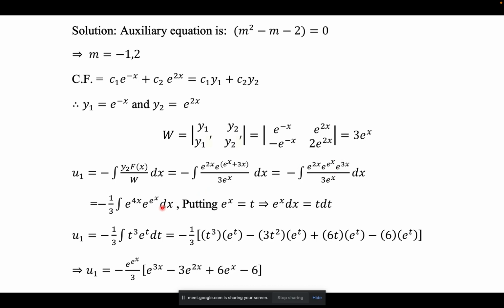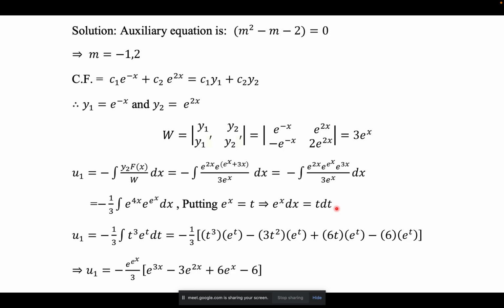Now the only thing is to solve this integral, and the idea to solve this integral is to use the method of substitution. So you put e power x is equal to t, right? So now you know, if I take the derivative on both sides, you have e power x dx is equal to dt, right?